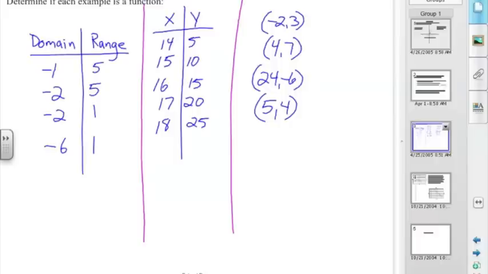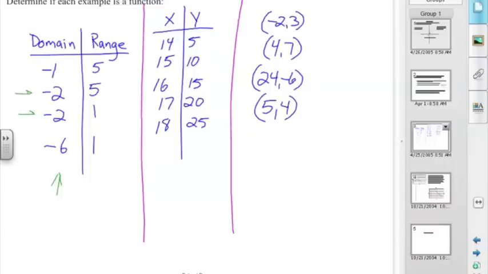So if we look at the first example over here on the left, we have the domain and the range listed out. The domain is -1, -2, -2, -6. Those are the list of numbers that we're going to pay attention to. You're going to look to see if there are doubles in the domain. Does anybody see doubles in the domain? There are 2 -2's in the domain.